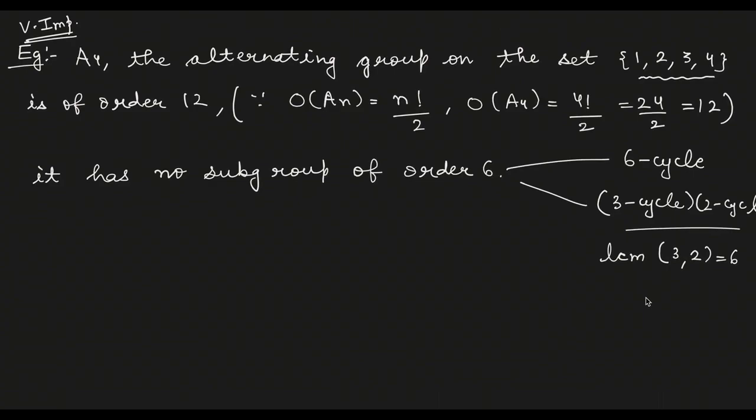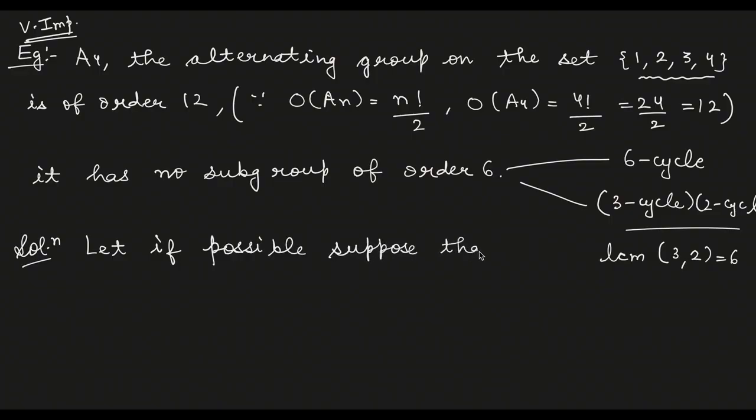Let me prove it by contradiction. Suppose it is possible that H is a subgroup of A4 such that the order of H is 6.